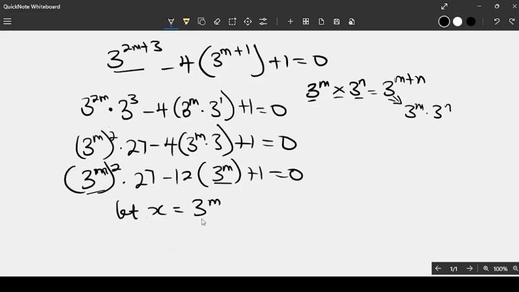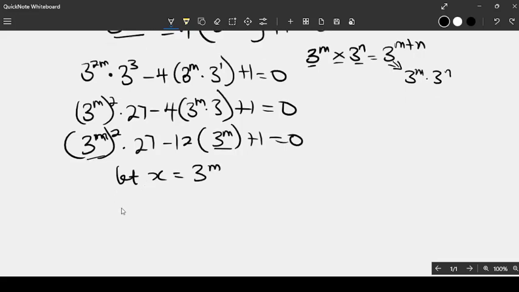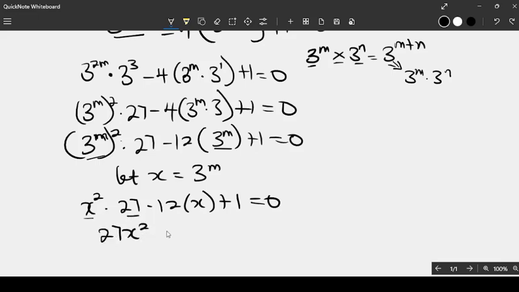Wherever we see 3 exponent m, replace it with the variable x. In this way, we are going to have x squared times 27 minus 12x plus 1 equal to 0. So clearly we can multiply this one by this and we have 27x squared minus 12x plus 1 equal to 0.